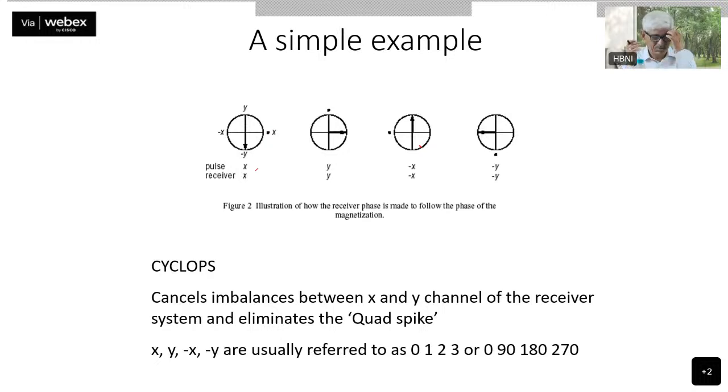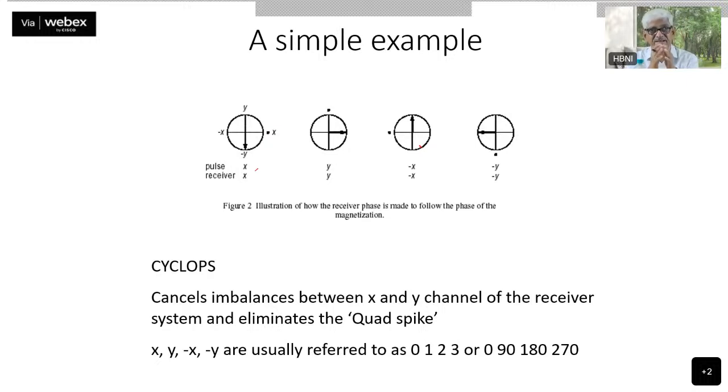Now, sometimes you may wonder what is the meaning of the X or Y axis in the three-dimensional space here. Where do you fix the X axis? Where do you fix the Y axis? So what is the meaning of X, Y, minus X, minus Y? This is basically the relationship between the magnetization and the receiver. There is always a 90-degree phase difference. If the phase is the same, then of course we say 0, 0.